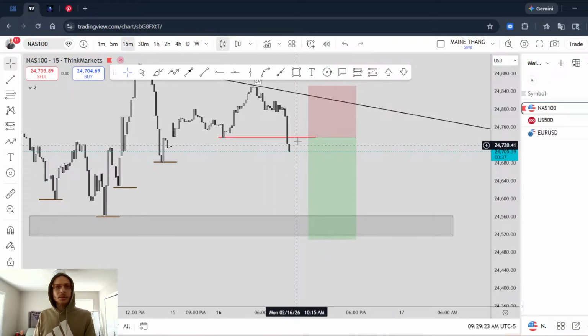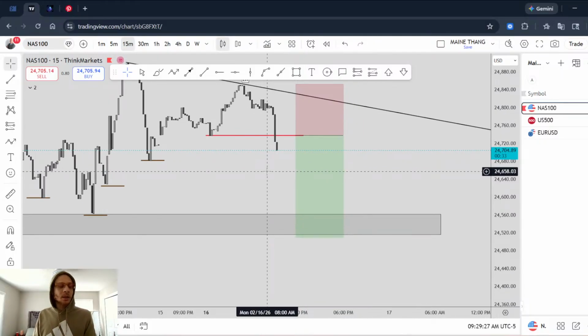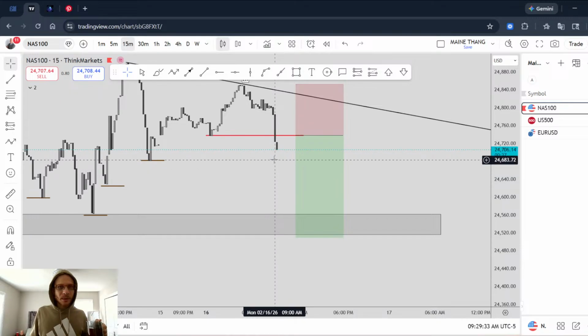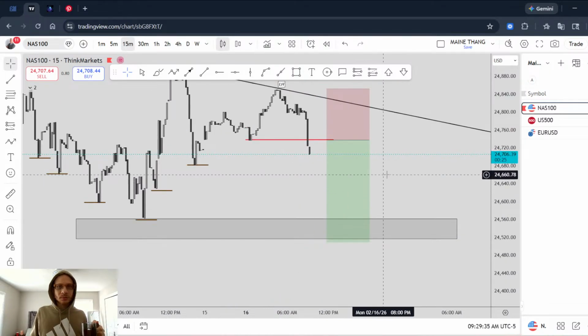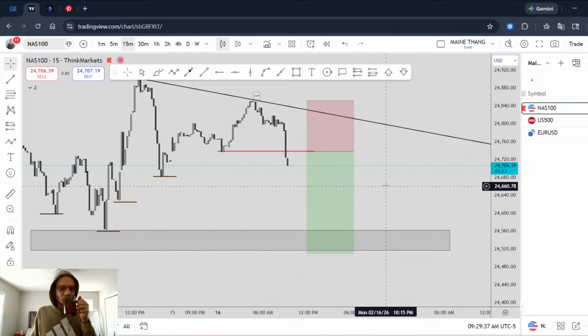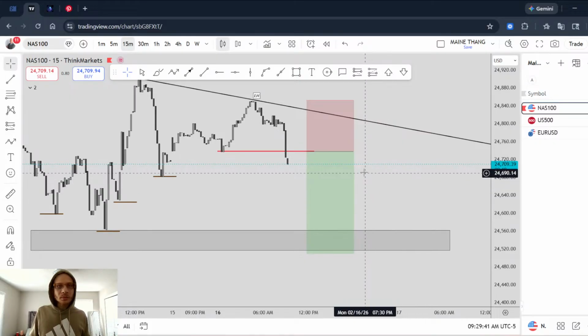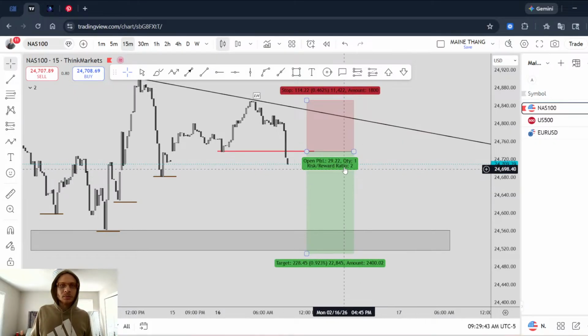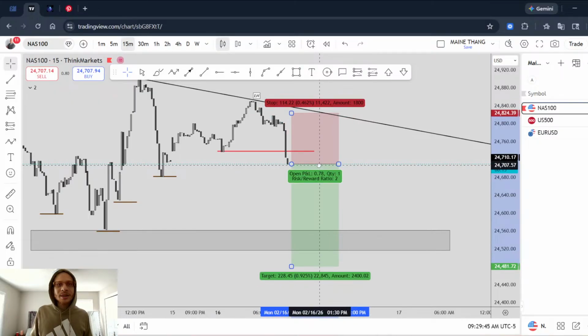And then for our entry, we want to see price come up to or near and then catch it on the way down. Or you can be risque.